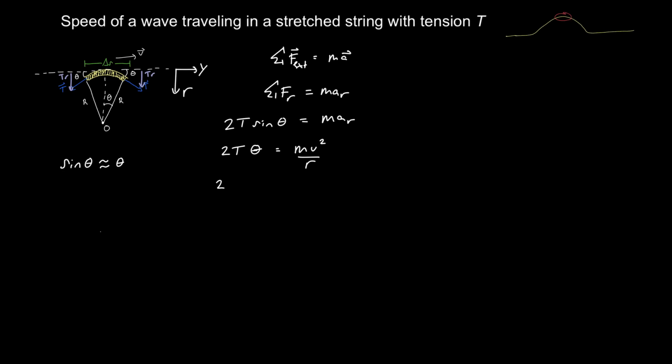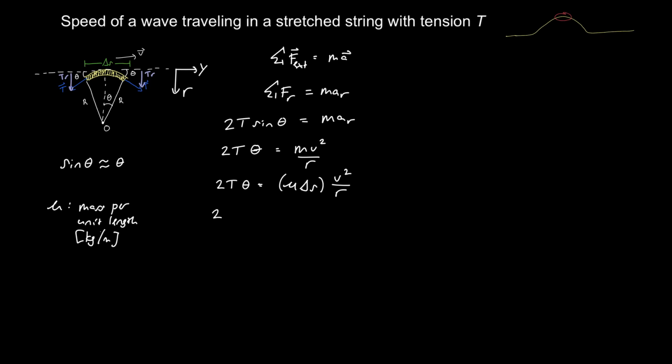Okay, so the next thing we're going to do is apply this relationship. So the mass of the string, or this element of the string, is equal to mu times delta S. And this mu is the mass per unit length of the string. So this is kilograms per meter. Okay, so that's the mass of that small element times v squared over r.